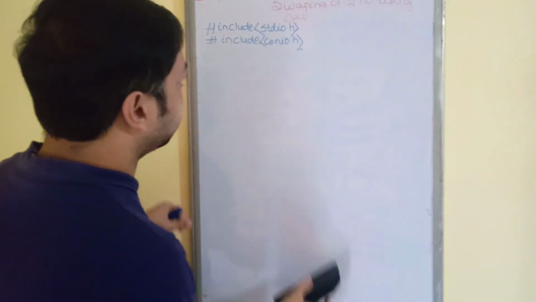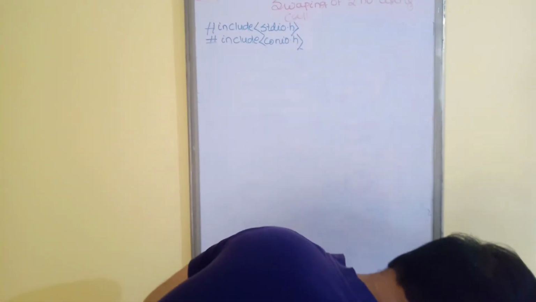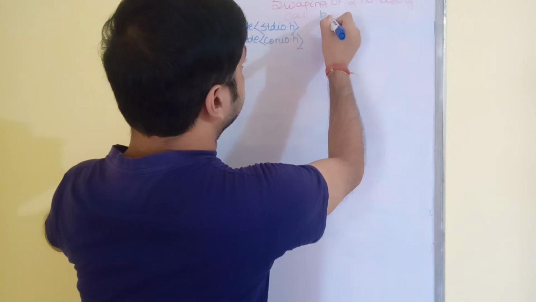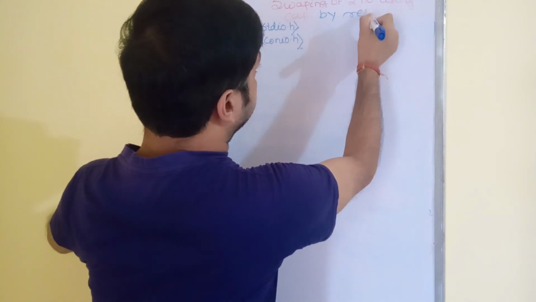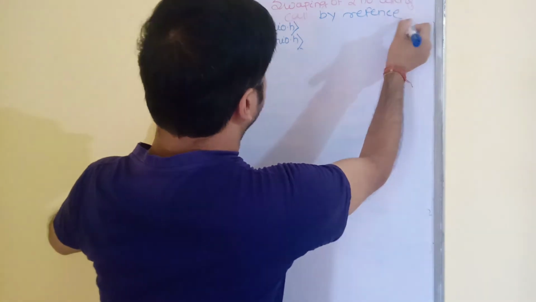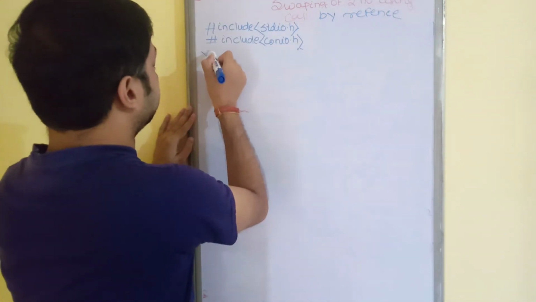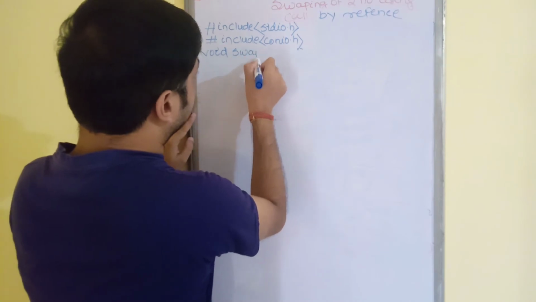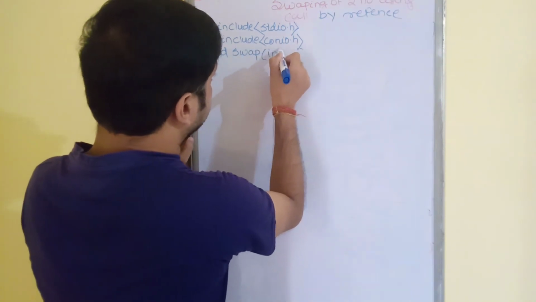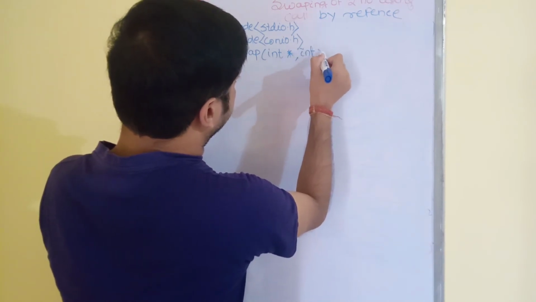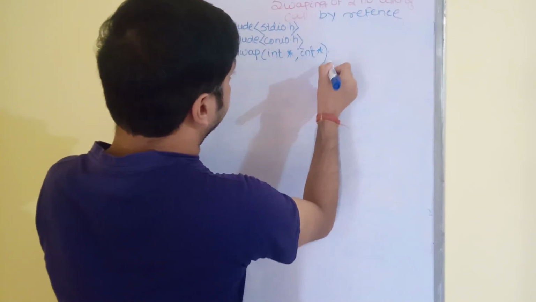So I can write here the same thing by using call by reference, as this include, so this will be void swap int star comma int star. This include pointer concept because address is involved in this.